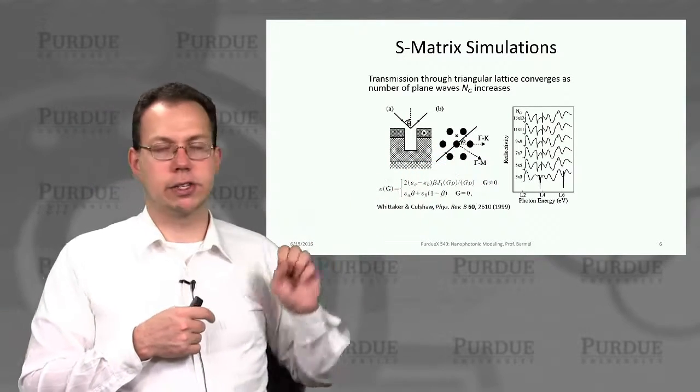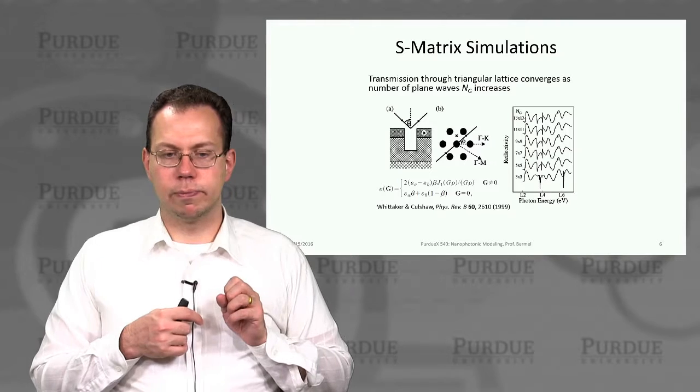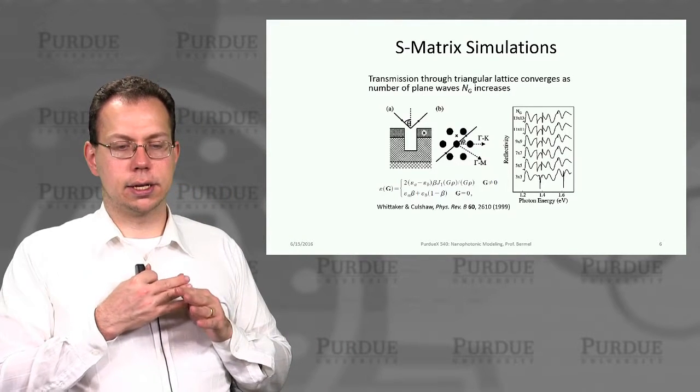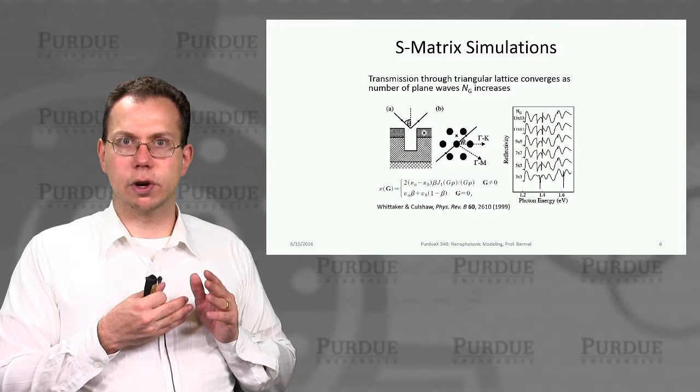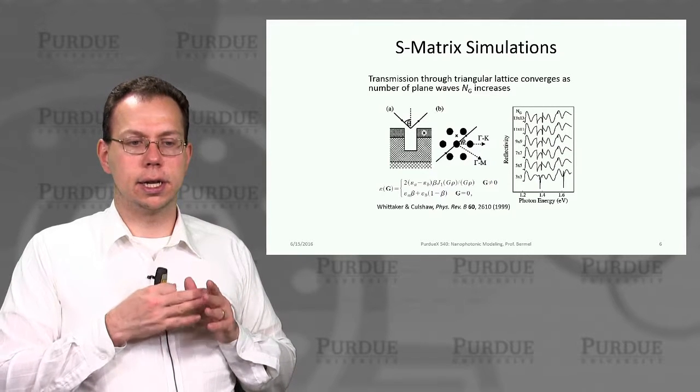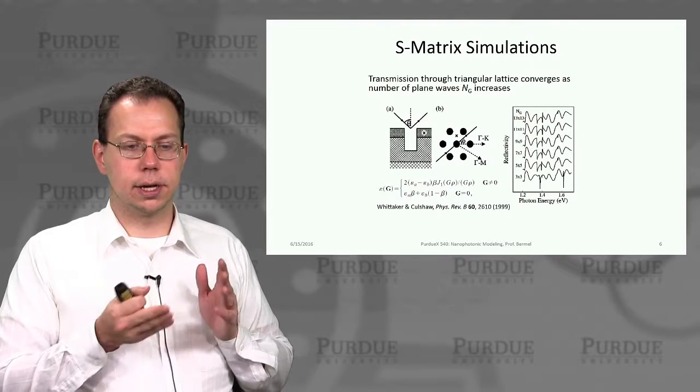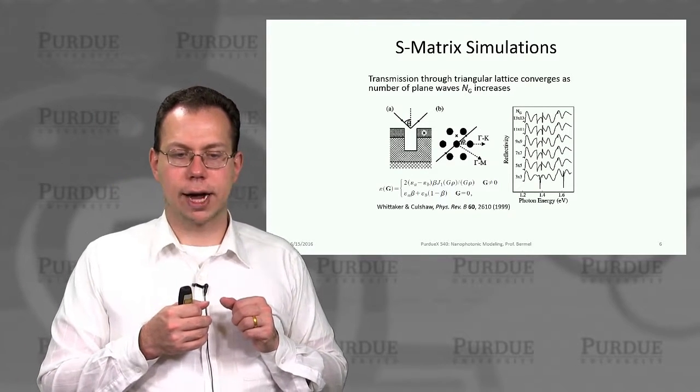From above, it has a triangular pattern. You can analytically approximate the Fourier transform of the epsilon in the lateral directions, and that may help a little with numerical accuracy.